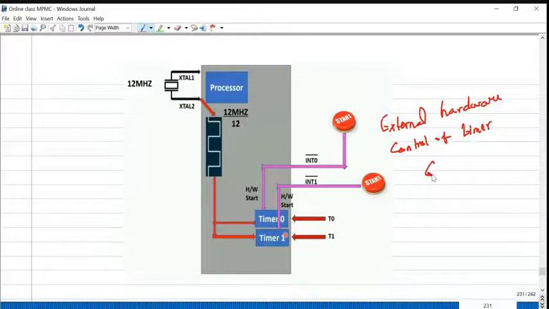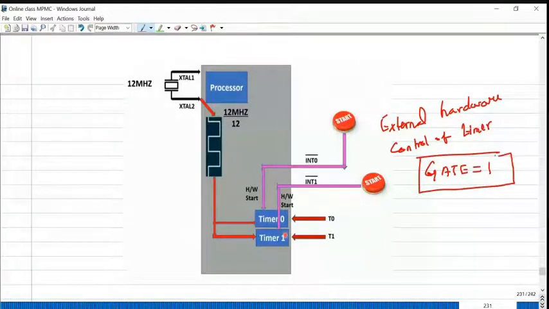So when gate equals 1, the timer circuit is controlled by the external hardware start button. Even when controlled by external hardware, the timer 0, timer 1 run control bit should be set. This is mandatory. So this is software control, and this is hardware control.